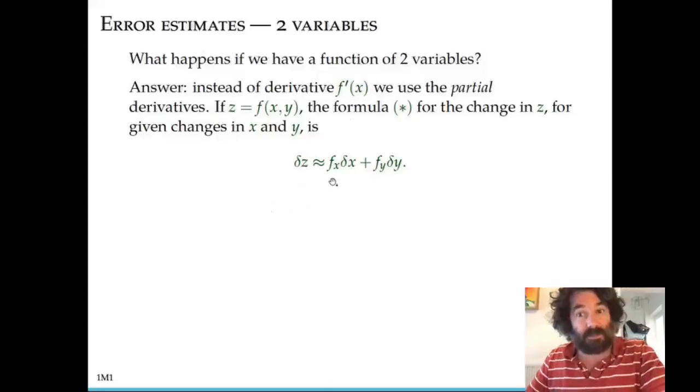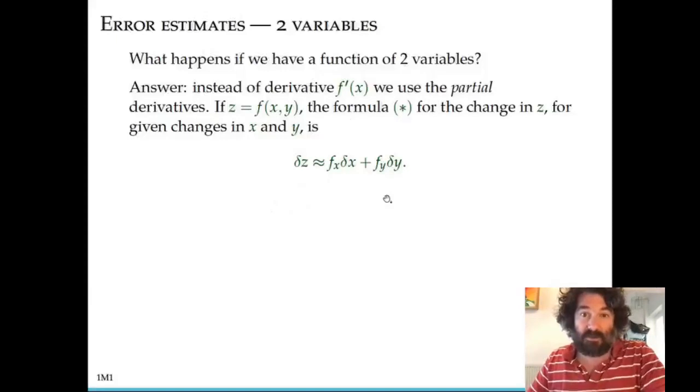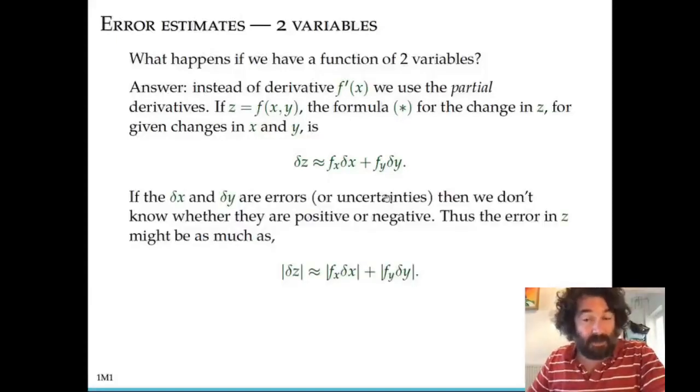And here we use the subscript notation for the partial derivative. So recall fx is the partial derivative of f with respect to x. Similarly for fy. And so this is what we'll use for the estimate of the size of the error. And of course, you don't know the sign, whether delta x is positive or negative, whether you overestimated or underestimated.